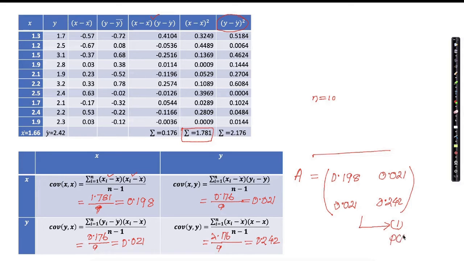PCA computation, and after computing the covariance matrix, the next step is to find the eigenvalue and eigenvector. In the next step, we will see how to compute the eigenvalue and corresponding eigenvector for the computed eigenvalues.